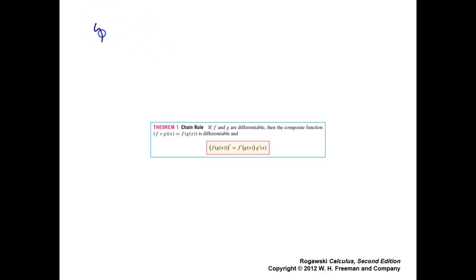Here's your y is equal to the square root of x to the fourth plus 1. We've seen that one before as an example of a composite function. Now let's take the derivative of that composite function. So first thing I would do is write it this way. X to the fourth plus 1 raised to the 1/2 power. I don't like taking derivatives of a radical. I'd rather take derivatives of the exponent because I know those rules a lot better.